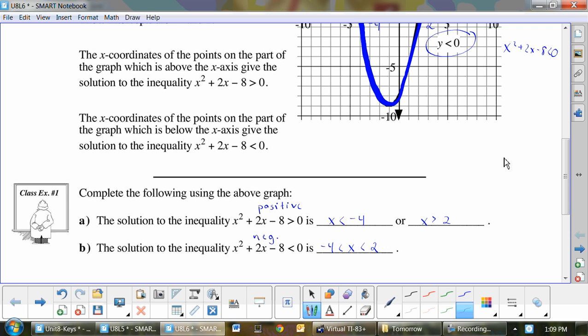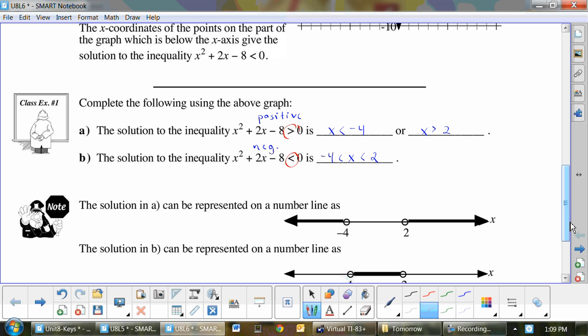Because these are just greater than and less than, not equals, we keep the solutions as just greater thans and less thans. Our signs always have to match up. If we have a line under the sign, our solutions need that equals as well.